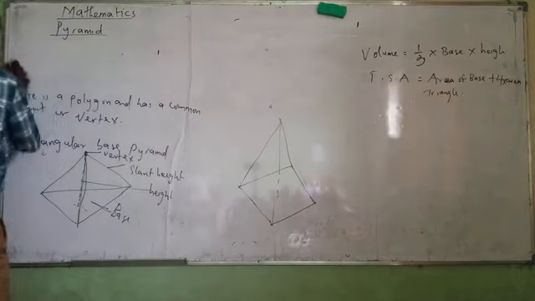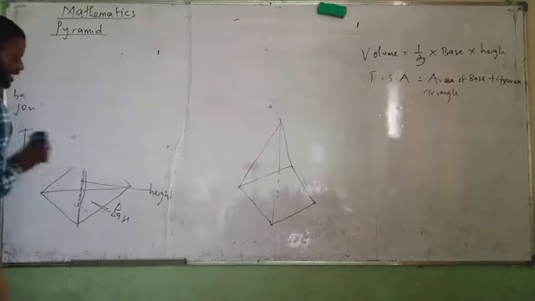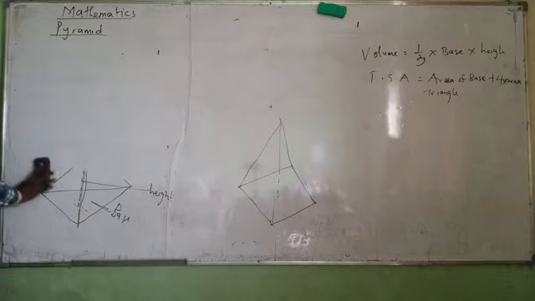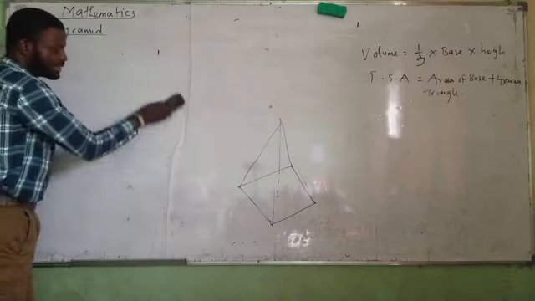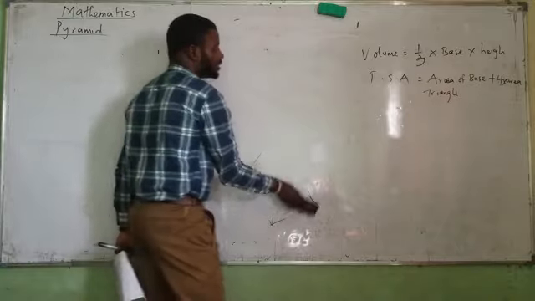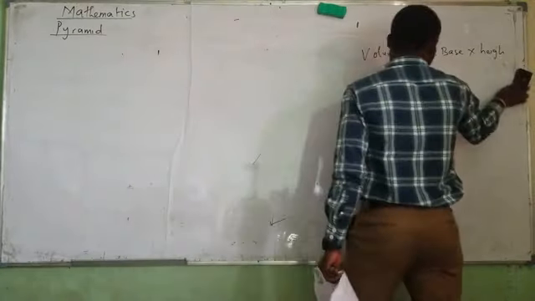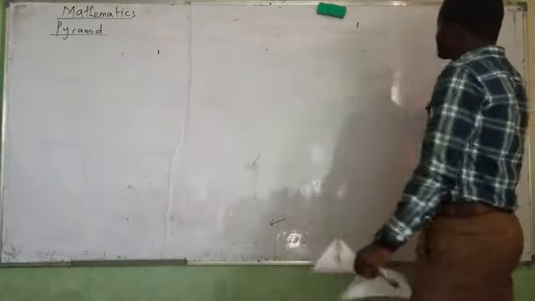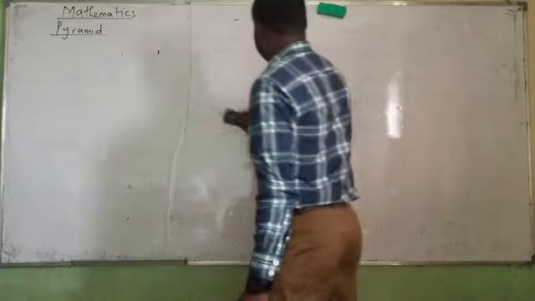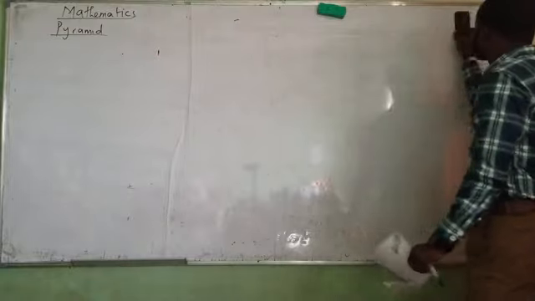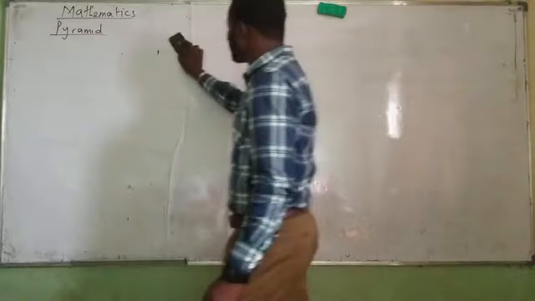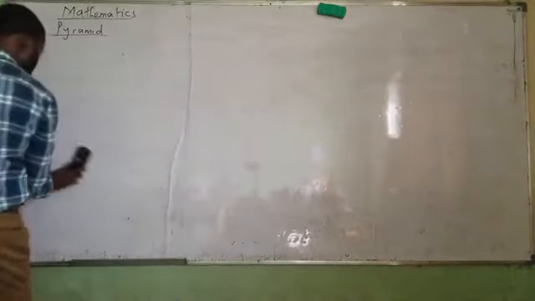At least with what I've explained now, you know what is called pyramid. There is a difference between pyramid and prism. On the next video, we'll work extensively on prism. We have frustum also. There are videos on it already, but I will try to explain it.